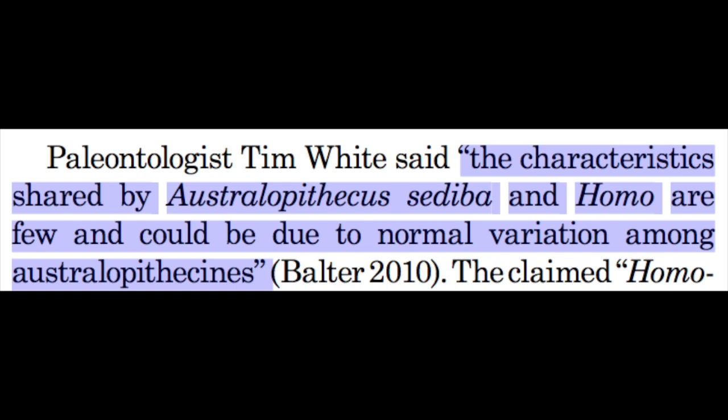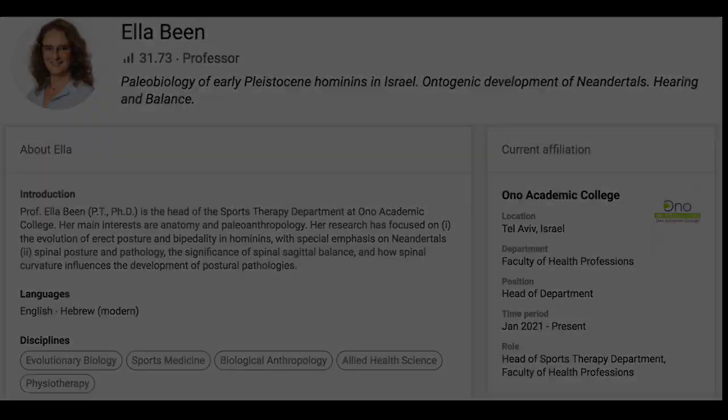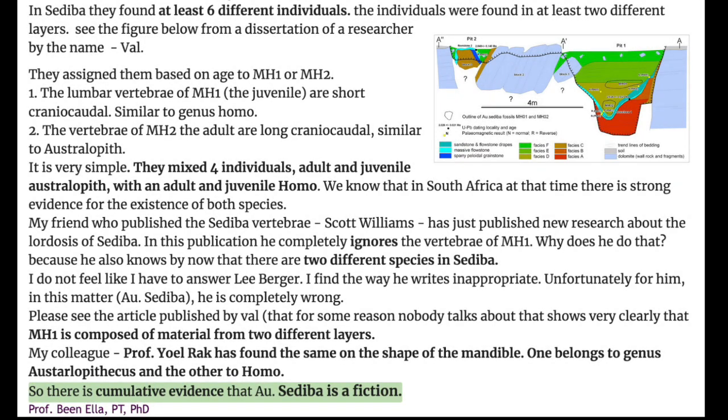Well, paleontologist Tim White said that characteristics shared by Sediba and Homo are few and could be due to normal variations among Australopithecines. We also have paleobiologist Professor Ella Bean replying to us directly via email, who said Sediba is nothing but pure fiction. So it seems to me we found an extinct primate species, mostly like Rudolfensis, that was 4 feet tall that had mixed in with it Homo bones.